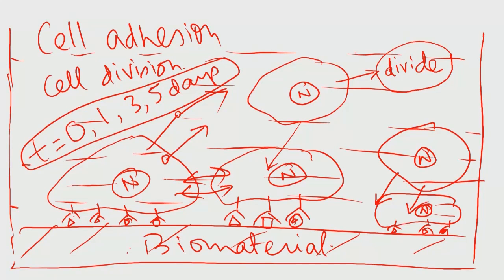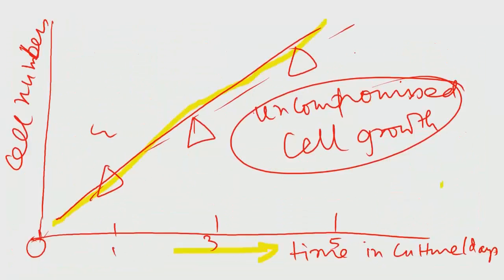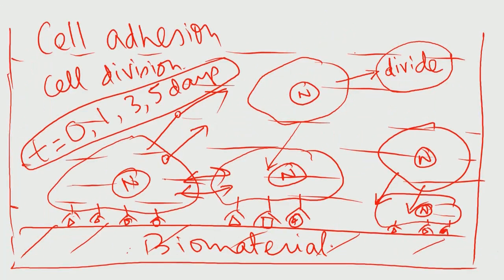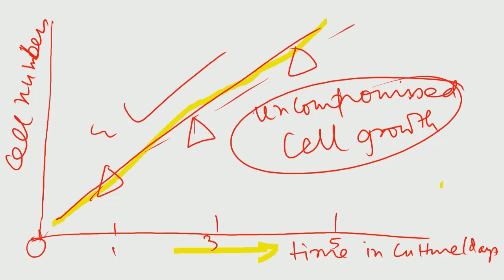If there is no change in the cell number, which is a little bit unrealistic to consider, then you cannot say that this biomaterial substrate can be used as a cell growth substrate.